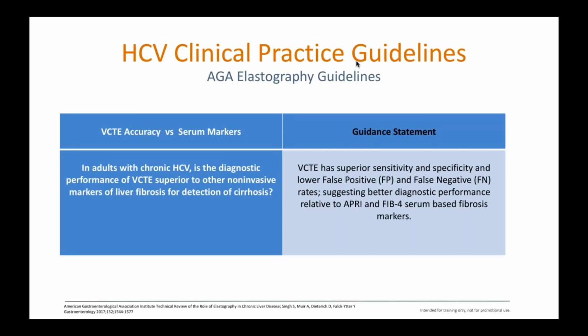Now, in the technical review of the elastography guidelines, they ask a series of questions and then provided associated guidance statements. And I want you to notice that they compared the accuracy of VCTE to serum markers, and they came to the conclusion that VCTE was more sensitive and specific than the blood serum markers, specifically referring to APRI and FIB4.